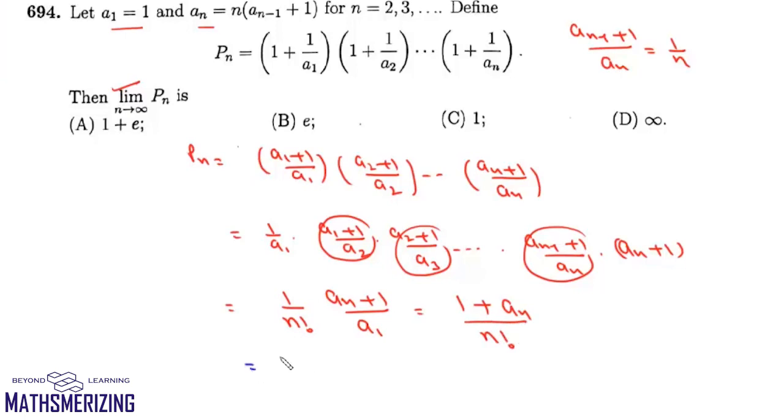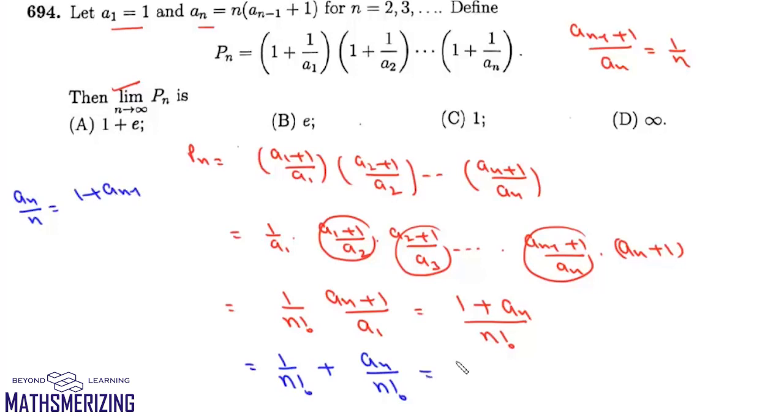Now this is 1 upon factorial n plus an upon factorial n. Now an upon n is an minus 1 plus 1. So we can write an upon n as 1 plus an minus 1.